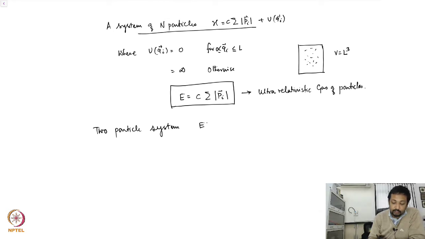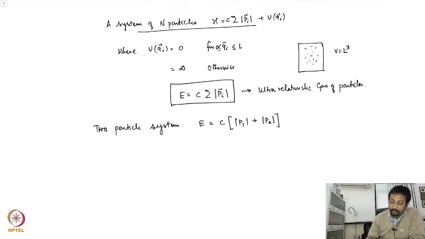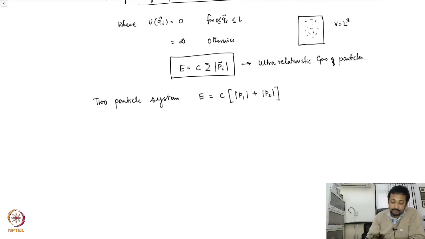where the total energy is given by c, the velocity of light, times modulus p1 plus modulus p2.